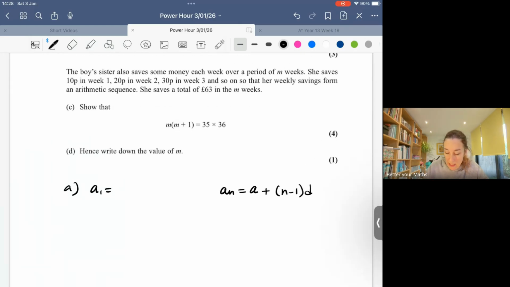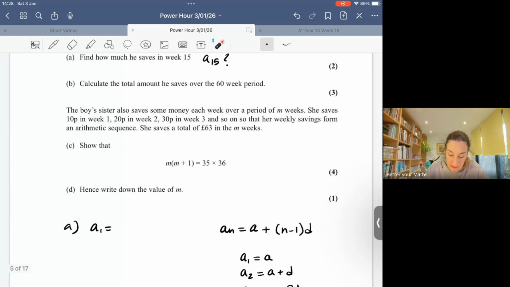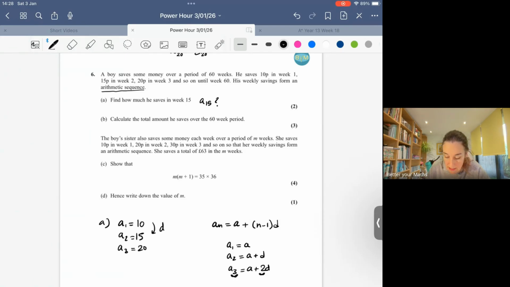So remember, the first term is A, the second term will be A plus the common difference, the third term will be A plus 2D. So this number here is always one less than this number here. That's why An will be the first term plus n minus 1 times D. The common difference, because the sequence is A1 is 10p, A2 is 15, A3 is 20, and so on, is just 5.